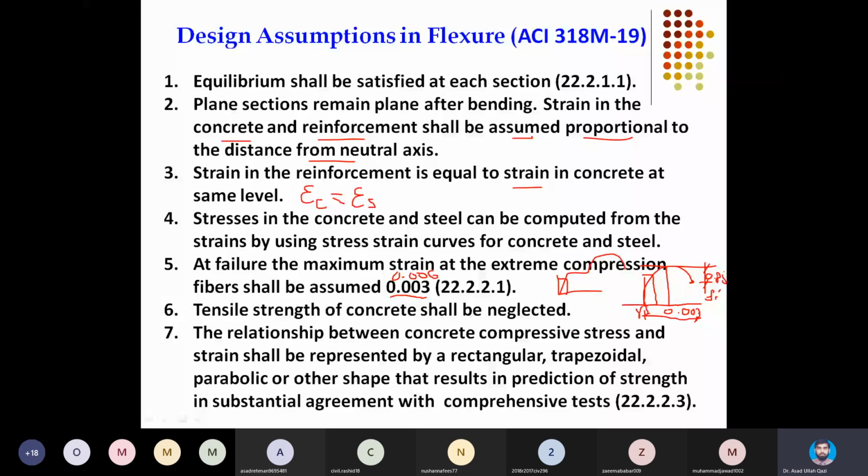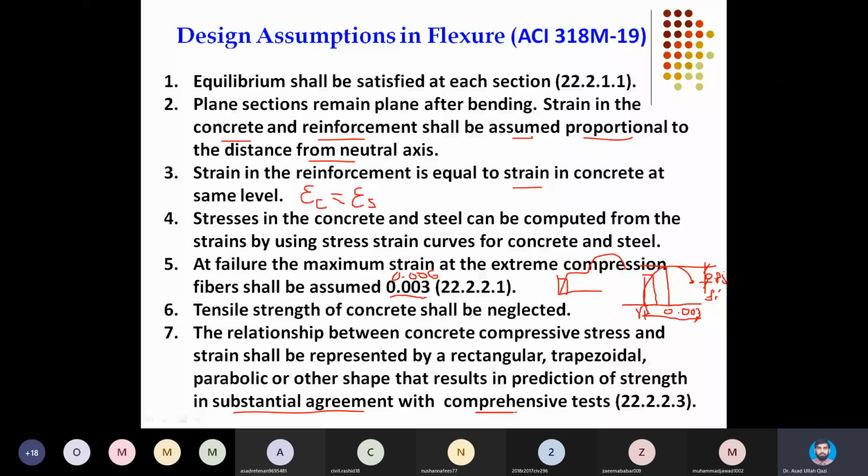The relationship between concrete compressive stress and strain shall be represented by a rectangular, trapezoidal, parabolic, or other shape that results in prediction of strength in substantial agreement with comprehensive tests.